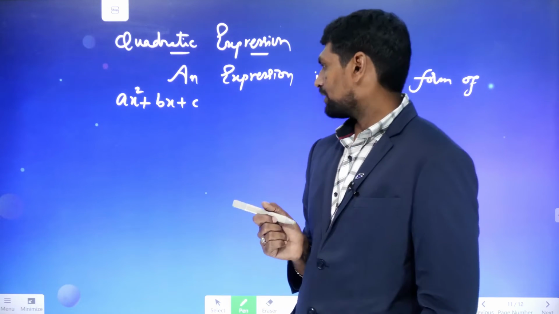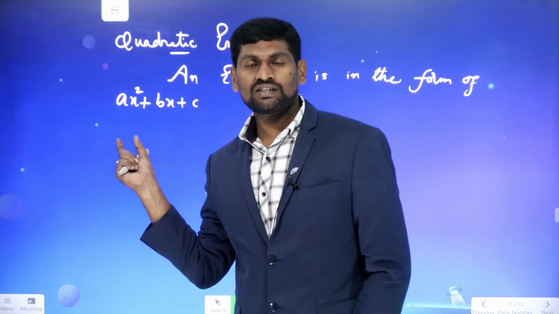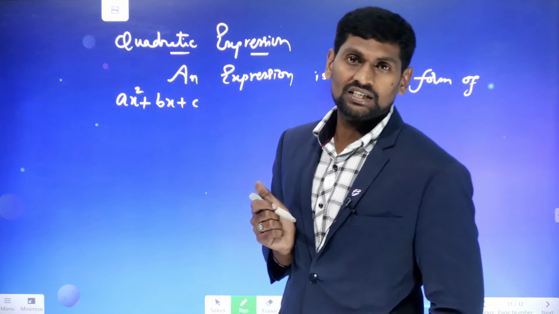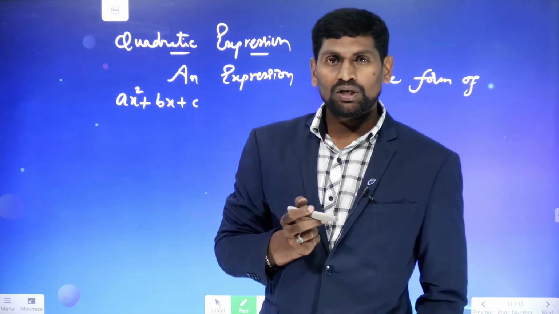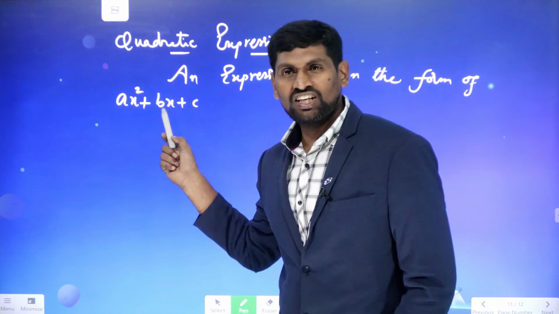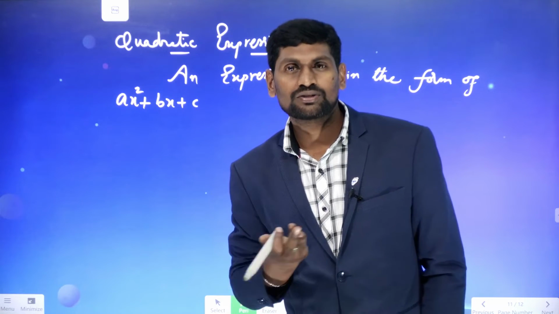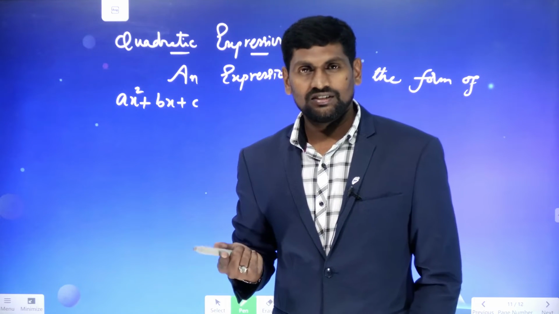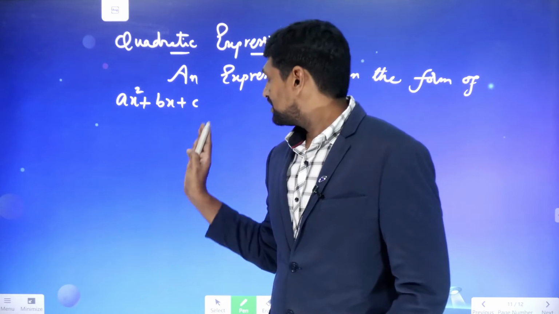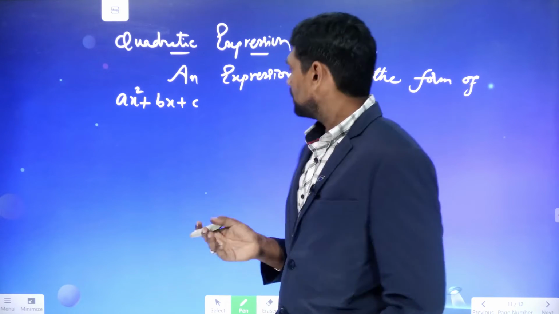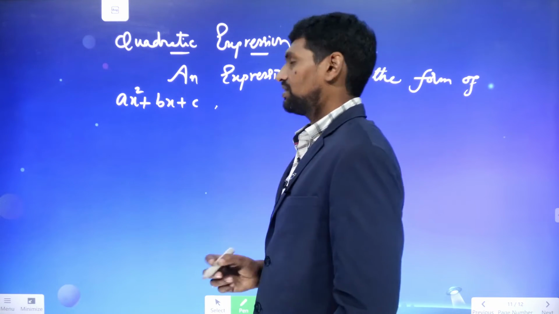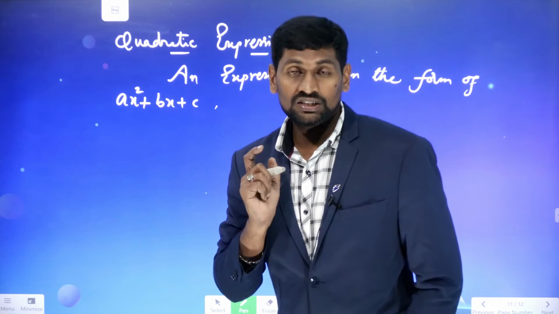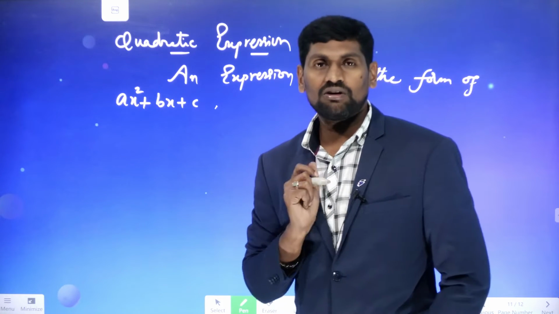Now, while you are observing the quadratic expression with variable x, you are all thinking that sir, a, b, c are also letters. No, they are also called variables, right? But in this expression, these are called constants, arbitrary constants or coordinate constants.